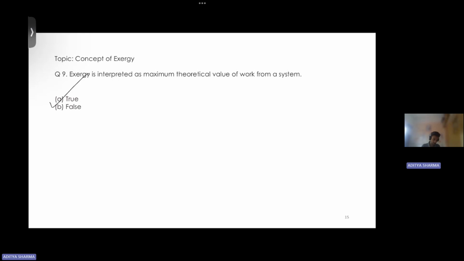Right, so this is a true statement, straightforward. Moving on to next question. Exergy is an intensive thermodynamic property. So we can try to answer this.